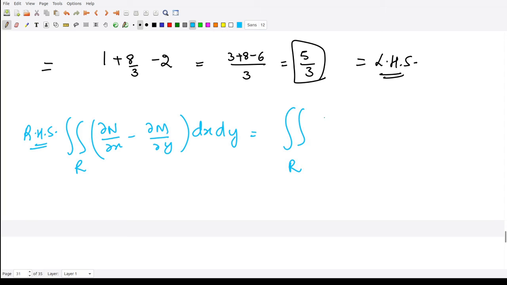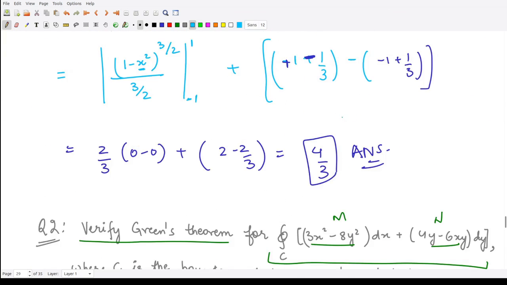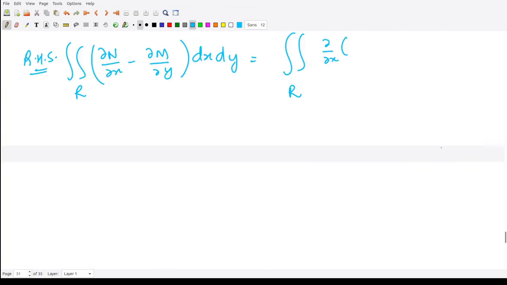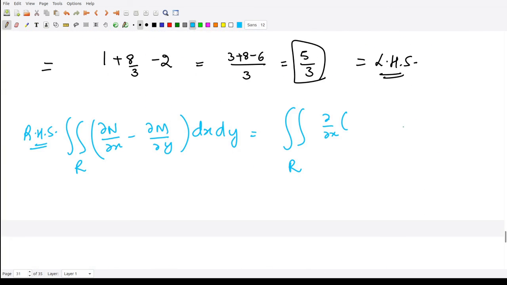So it would be del by del x. Now what was your m and what was your n? So let's have a look. Our m was equal to 3x square minus 8y square, and our n was equal to 4y minus 6xy. So let's write down here the value of n.